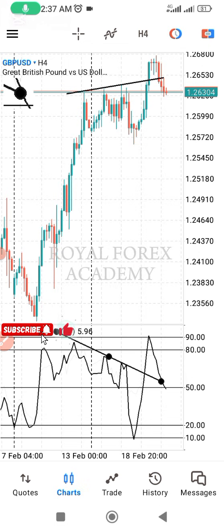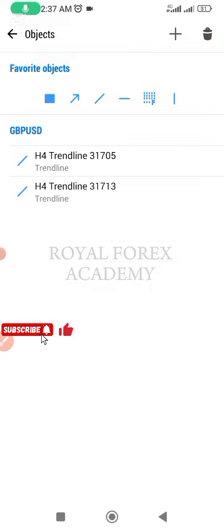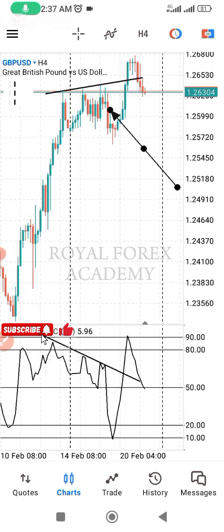Here is a typical divergence. But look at what happened. Despite this divergence, price still pushed to the upside. So the question you are asking yourself is, what exactly happened? And I'll be sharing that with you in the course of this teaching.